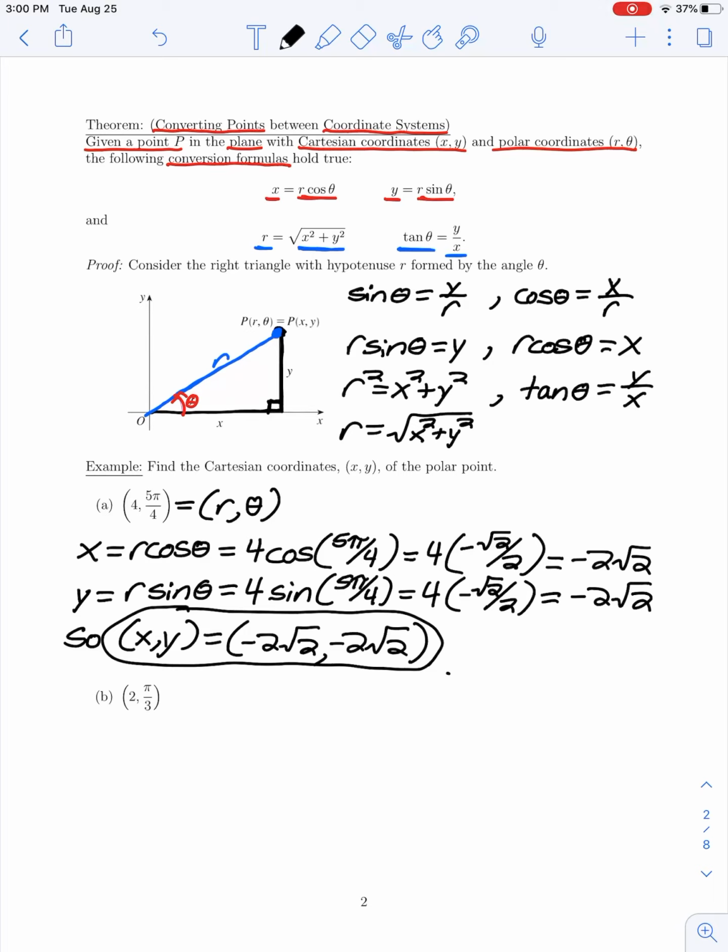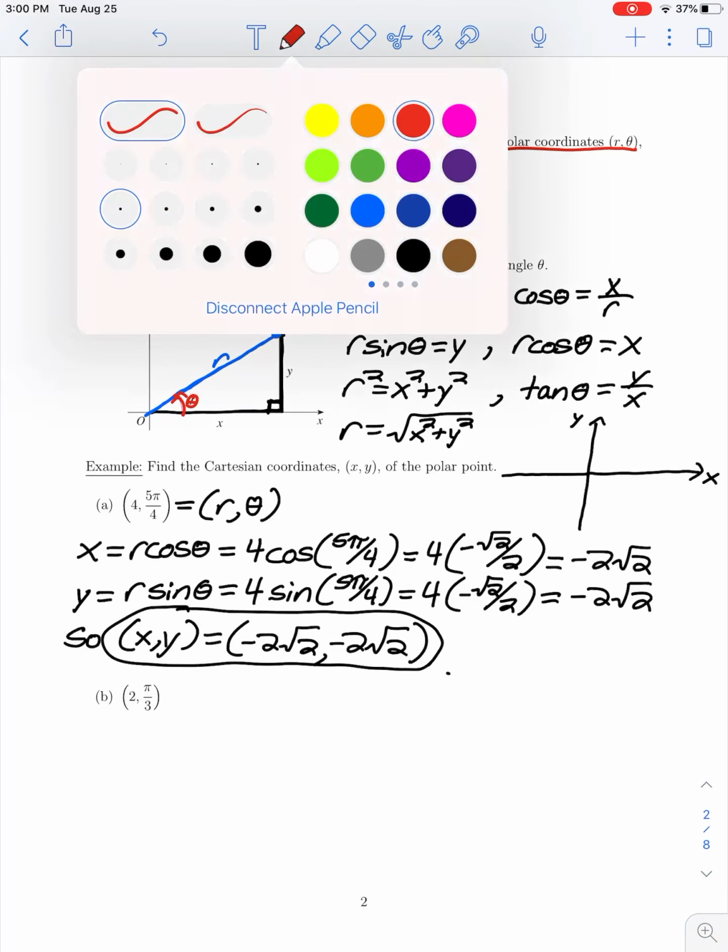All right. So let's verify that those two different coordinates would be representing the same point. A little extra practice with plotting here. So in the xy plane, we're talking about a point whose polar coordinates were given by 4 and 5 pi over 4.